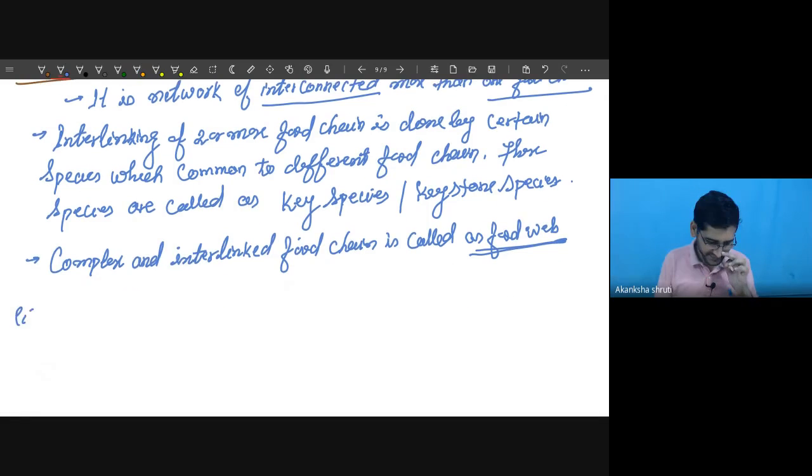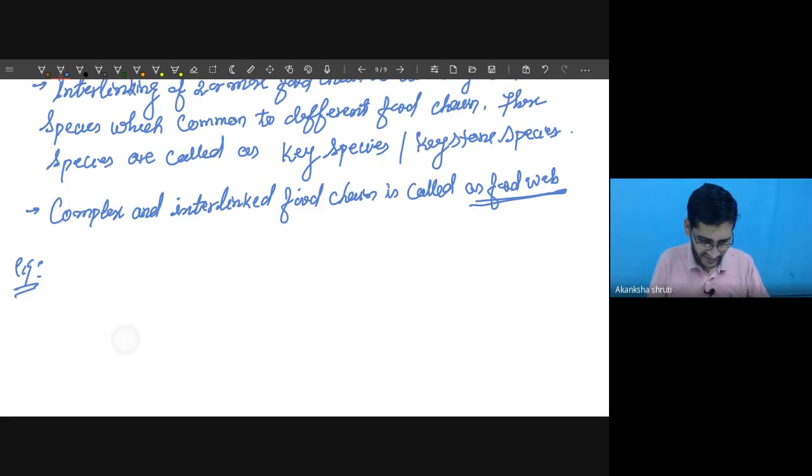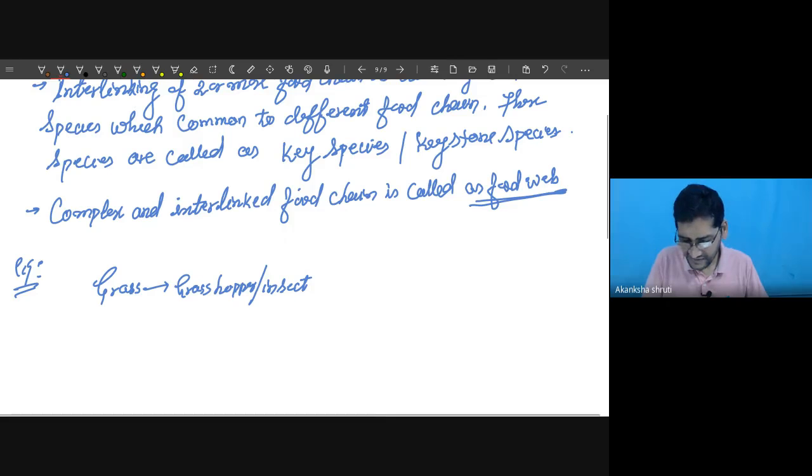Example, whatever the example we had taken earlier, see, we may think like that. Say grass, over this grass we can have the grasshopper, or insects.